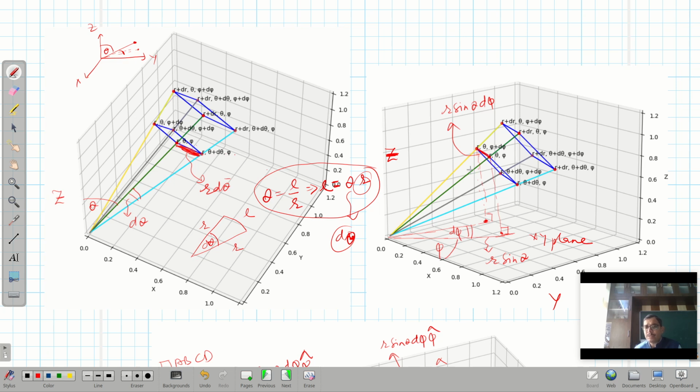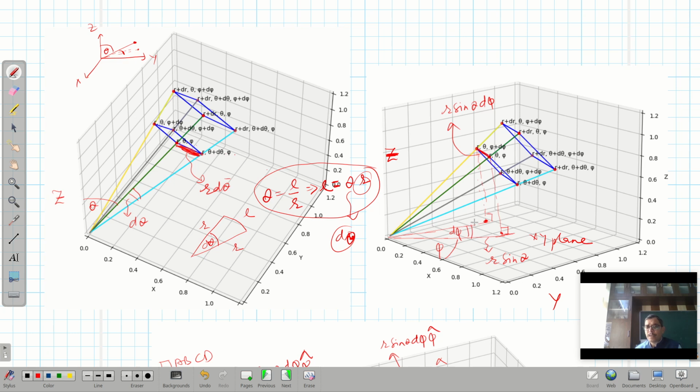And when I move from one point to another point, if I draw a perpendicular from this point to this point, then it will become d phi. This will become d phi, right? When I look at it in this manner, phi is changing.